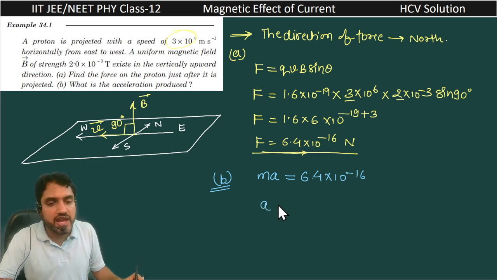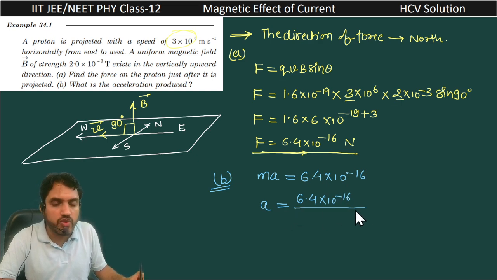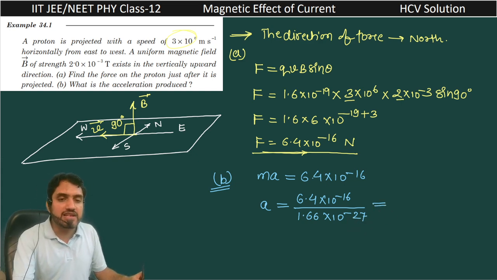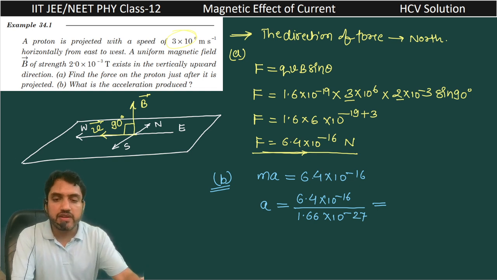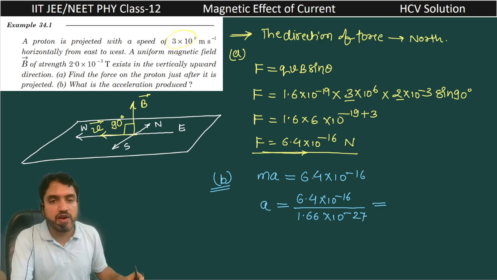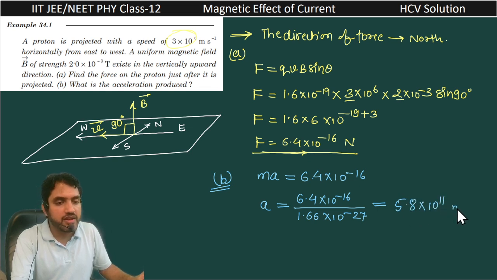So this acceleration will become 6.4 into 10 raised to power minus 16 divided by the mass of a proton, that is 1.66 into 10 raised to power minus 27. So our answer will be, the acceleration is 5.8 into 10 raised to power 11 meter per second squared.